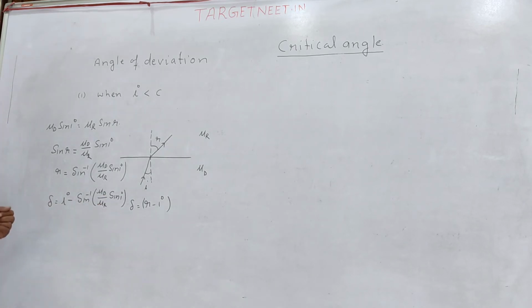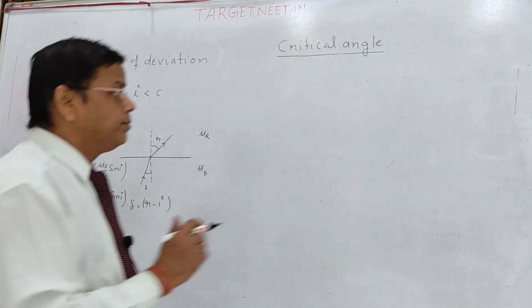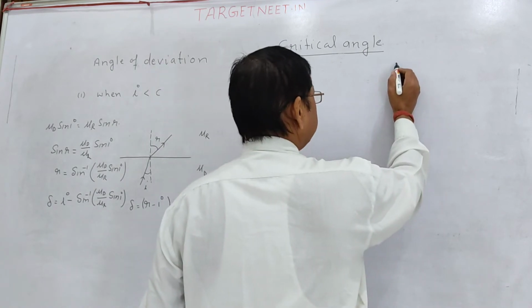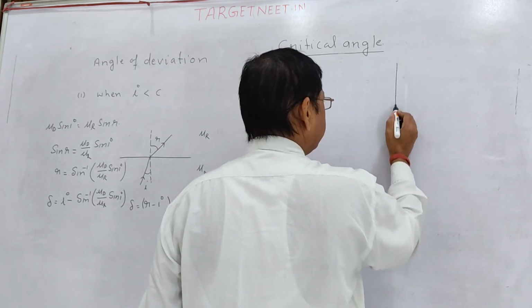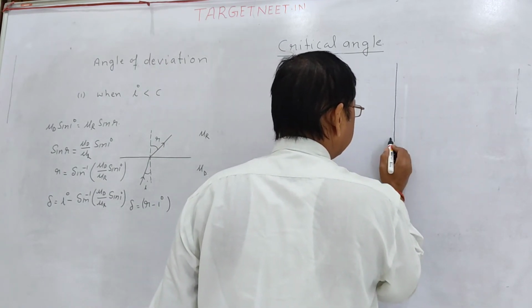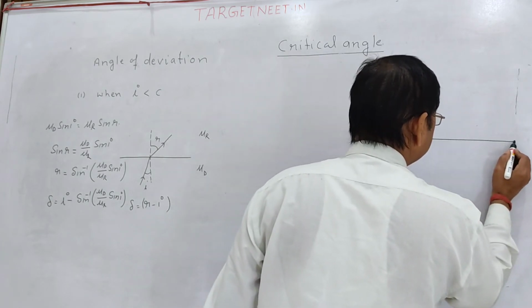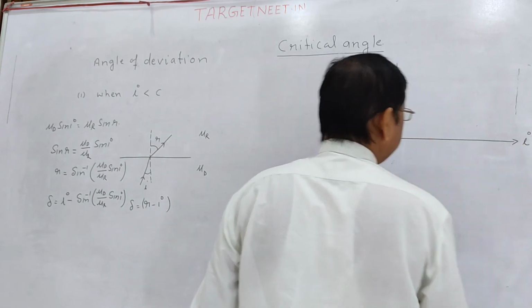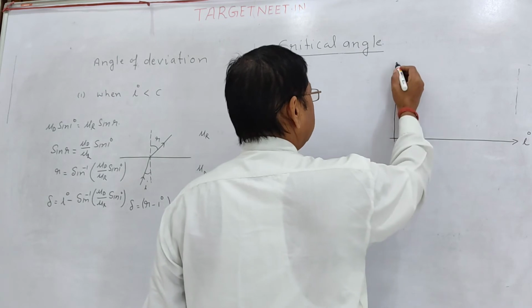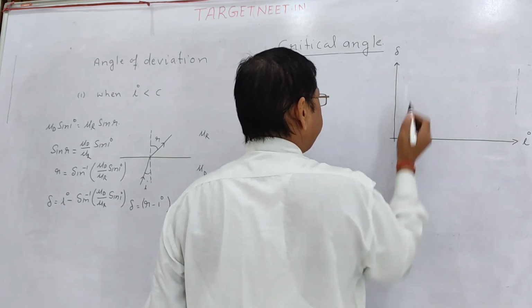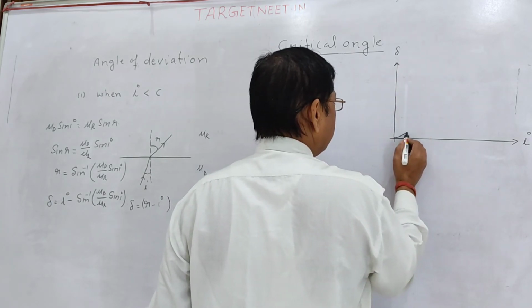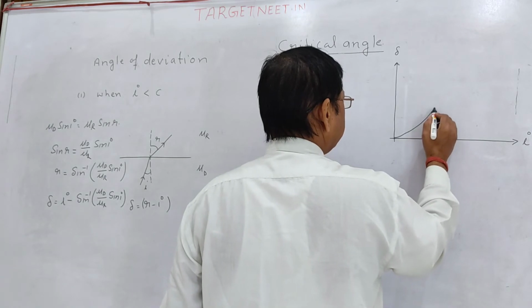Now if I draw a graph between angle of deviation and angle of incidence, then it looks like this. This is angle of incidence and this is angle of deviation. This graph looks like this.